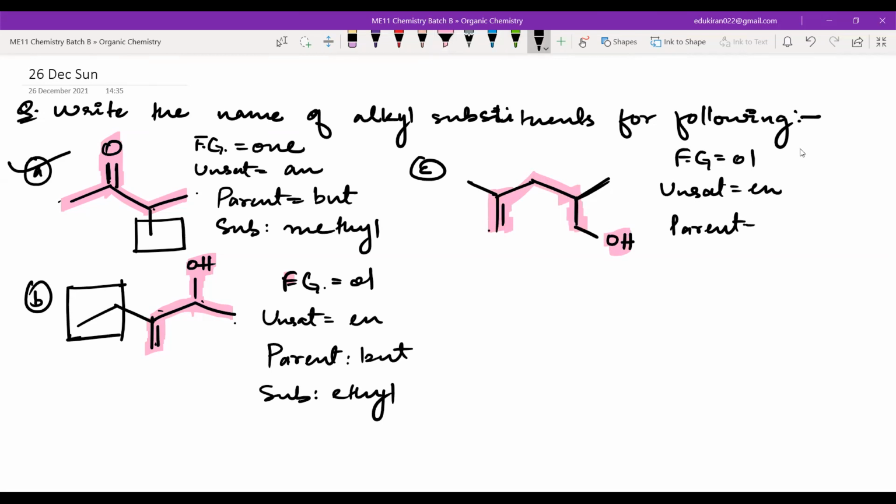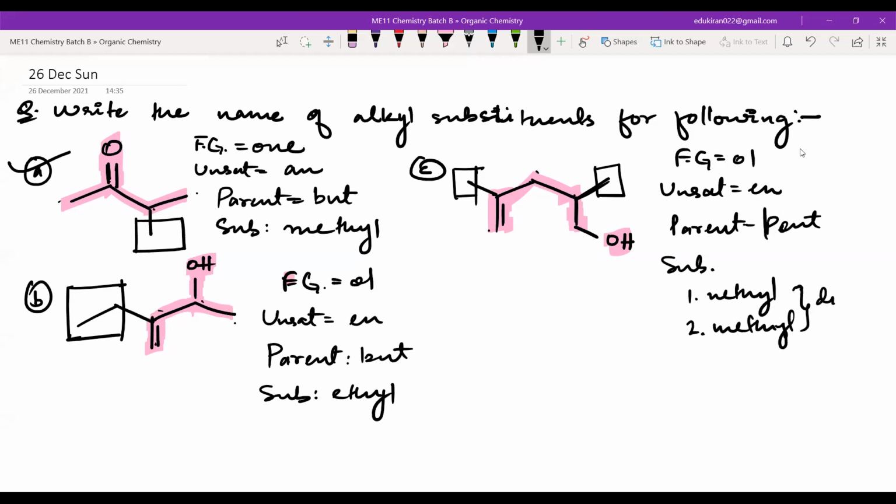So the parent is 1, 2, 3, 4, 5, which is pent. And we have two substituents here. One is methyl, the other one is also methyl. That is why I will say the substituent is dimethyl. Okay, this is dimethyl.